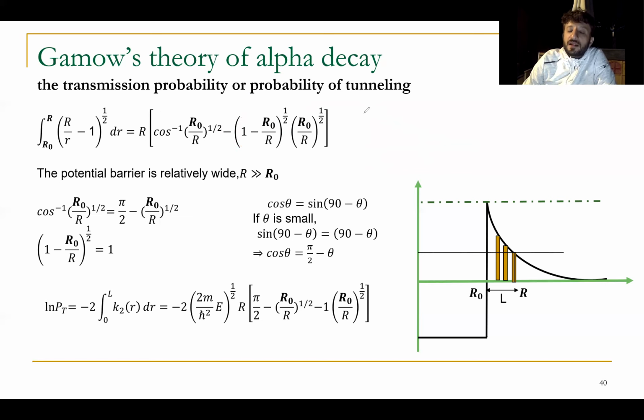First of all, let me review this point. Cosine theta in general equals sine of 90 minus theta.